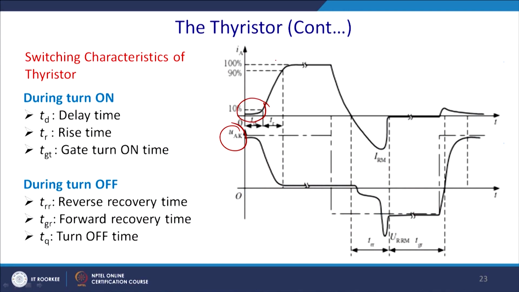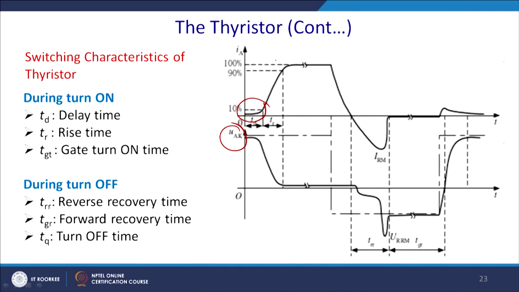That time is called td, the delay time. Thereafter, 10 to 90% is what we call the rise time. The faster the rise time, the faster the device; if the rise time is slower, it will be a slower device. It then takes some time to settle down, and tgt is the gate turn on time.